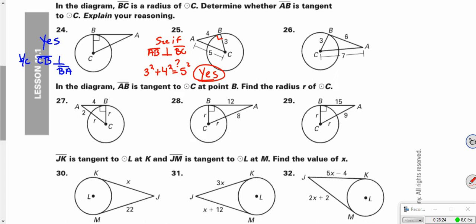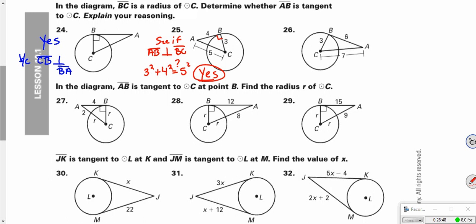In the diagram, AB is tangent to circle C at point B. Find the radius. Now, this is a little different ballgame. On 27, again, we're going to use the Pythagorean theorem, but it's going to get a little different. Look at my diagram here on 27.